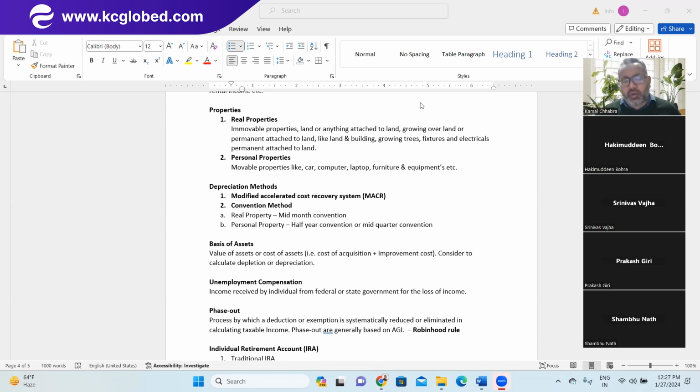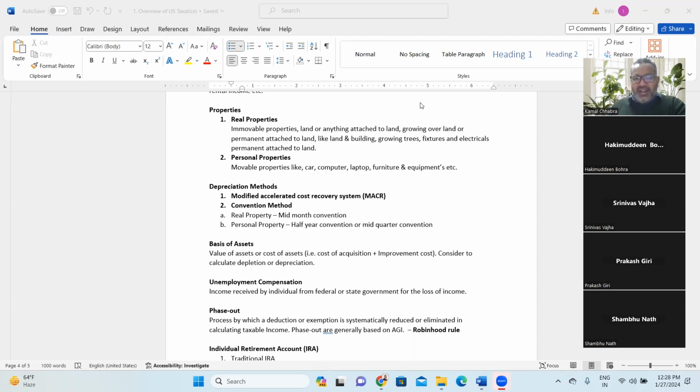There's a very thin line between personal property and your own property as an individual. As the name suggests, you may get confused whether it is your personal property, which you're not using for business purposes, or a business property. That is why I kept this topic in the terminology section.